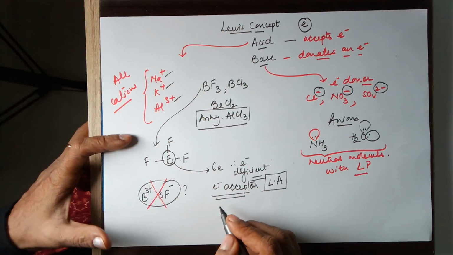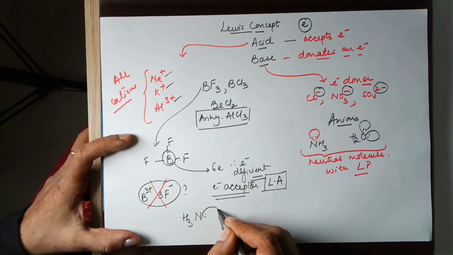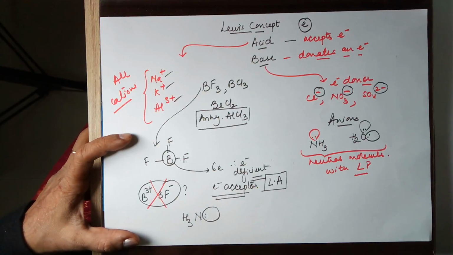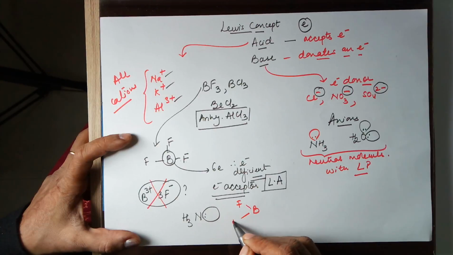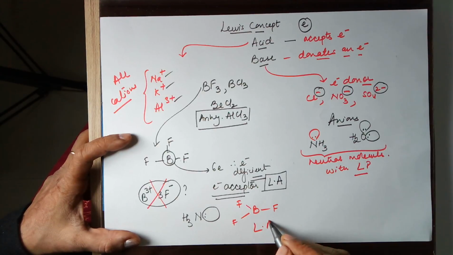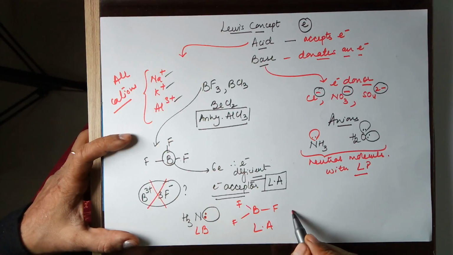This can be further illustrated. Supposing I have a molecule of ammonia. This is an ammonia molecule, and I combine it with a BF3. Now, BF3 is a Lewis acid, an electron acceptor, while ammonia, due to the presence of lone pairs, is rich in electrons, so it is a Lewis base.